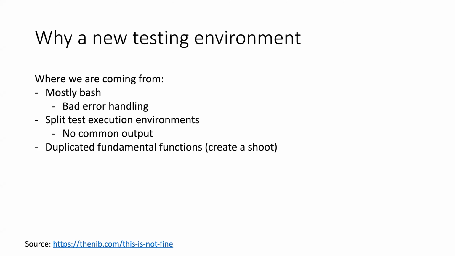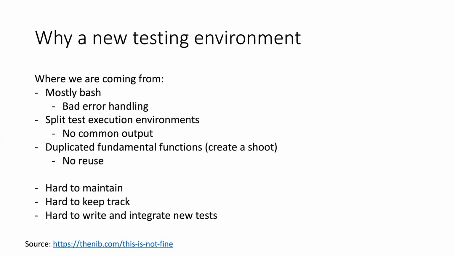Fundamental functions means for us, for example, creating a shoot, setting up Gardener, deleting a shoot again or upgrading a shoot. And these fundamental functions are implemented in every one of these projects, and every one has to be maintained on its own. So for example, if Gardener changes an API or anything is changed in our landscapes, we have to maintain these changes in all of these duplicated functions. Therefore, we have no reuse.